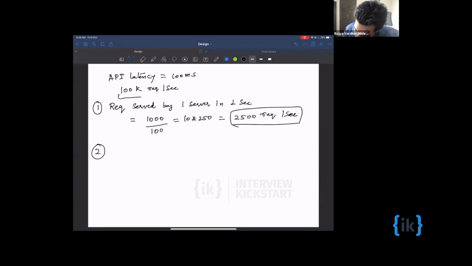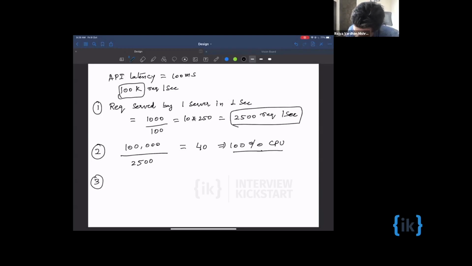Now we know that the requests per second which are expected are 100,000. So we just need to divide 100,000 by 2,500. This comes to 40. That means if my 40 servers run at 100% CPU capacity, then I'm able to serve 100,000 requests per second. But we have previously seen that we should be running our servers at 50% capacity in terms of CPU.